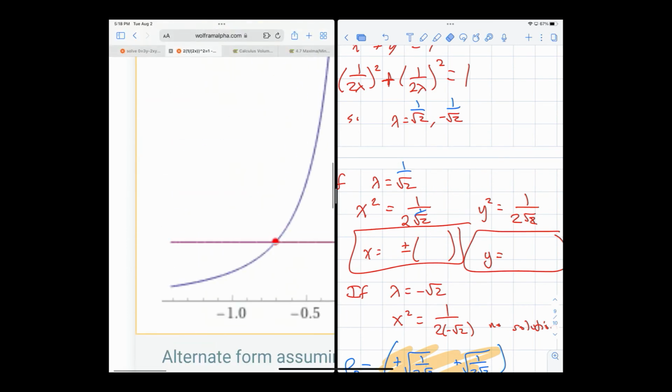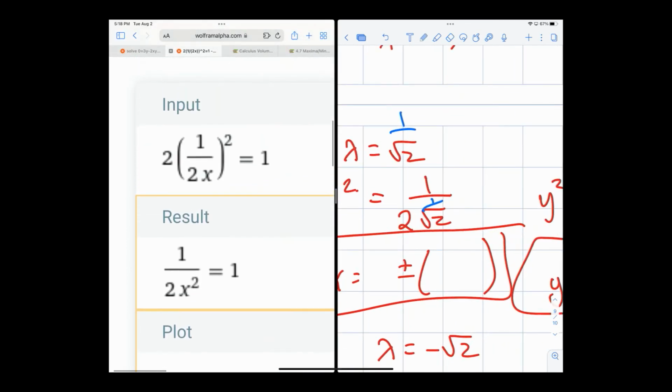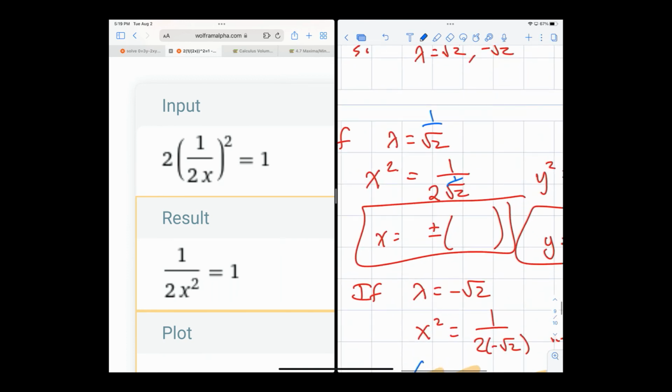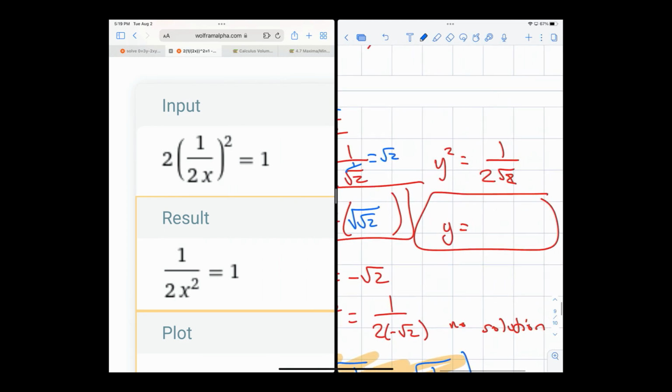right? This is 1 over 2, 1 over square root 2 is square root 2 over 2, which is square root 2. So this should have been the square root of square root 2, because this is square root 2. And this should have been, which is the fourth root of 2. So this should have been also 2 to the 1/4.